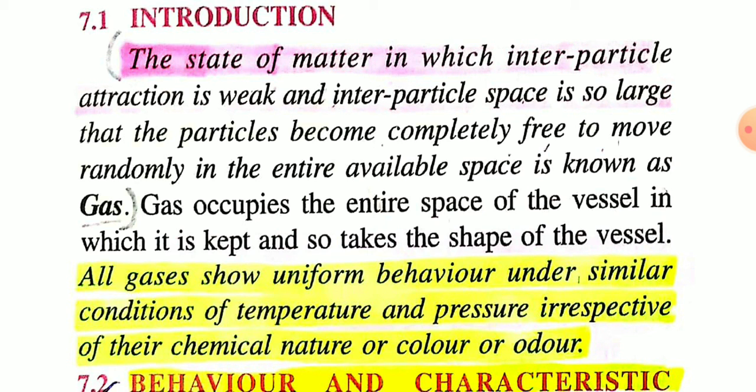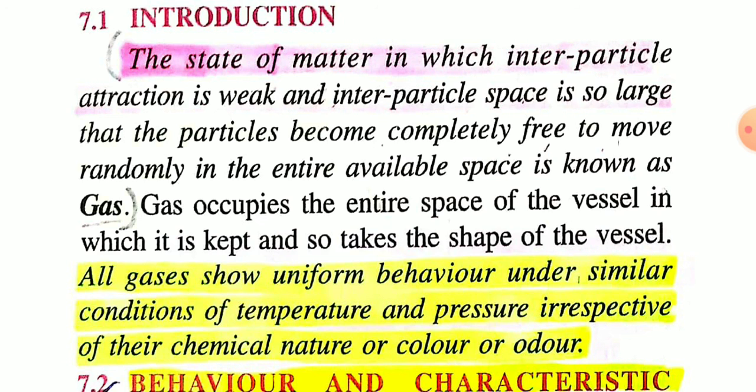What is gas? Depending upon the values of intermolecular force of attraction and interparticle space, matter is classified into three classes: solids, liquids and gases. And in this chapter you have to read only about gases. Gas is one state of matter in which interparticular force of attraction is very weak and interparticle space is very large.